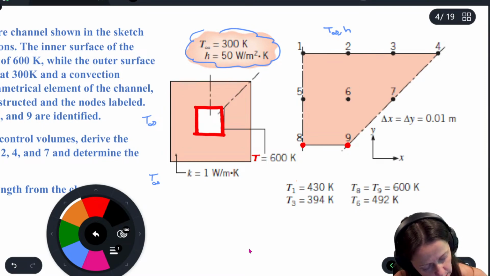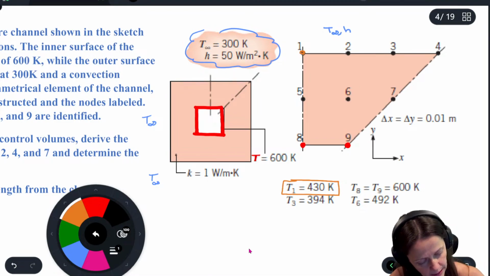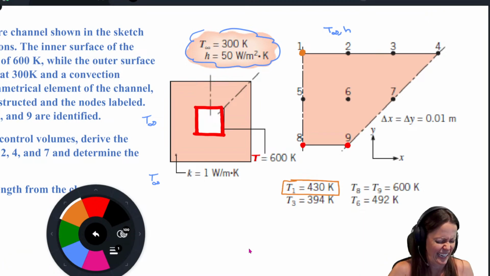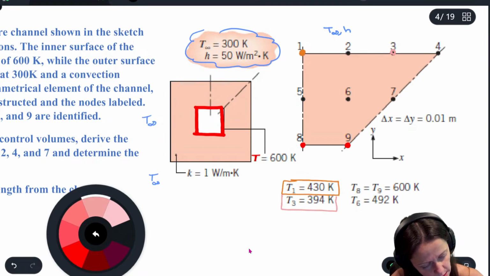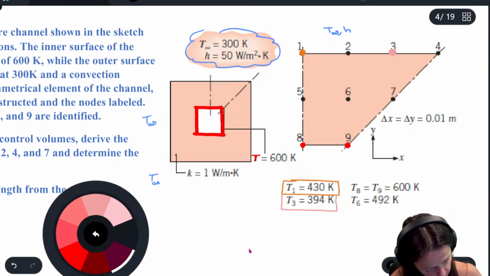So T1, I'm going to highlight because I want it to be really obvious when I look at it that I know what that is. And then T3, that's this guy, so I know him. Let's get some different colors.